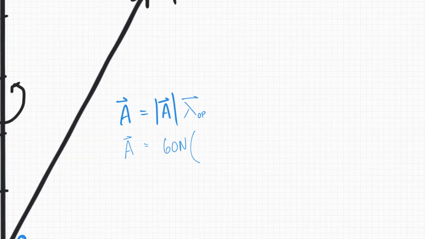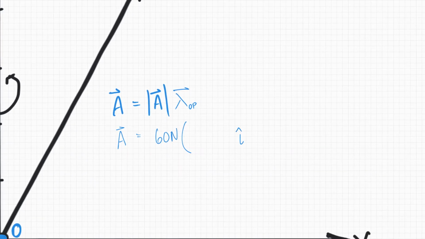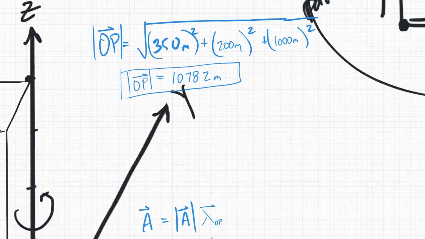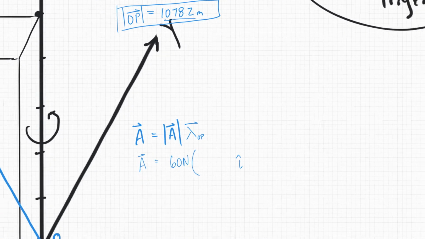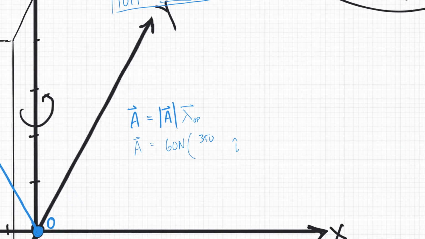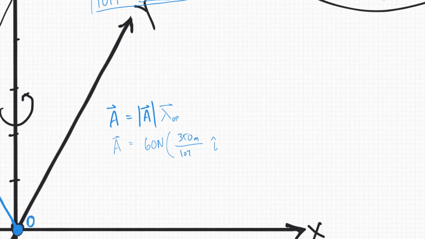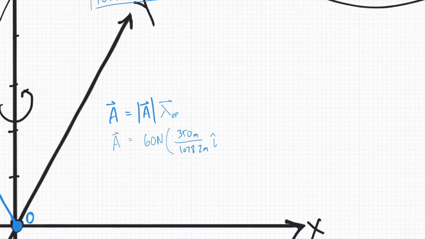And now we're going to do for each of these in the I direction. It's almost like a percentage, but it's not a percentage, but some portion of this. So 350 meters divided by 1,078.2 meters is in the I direction.